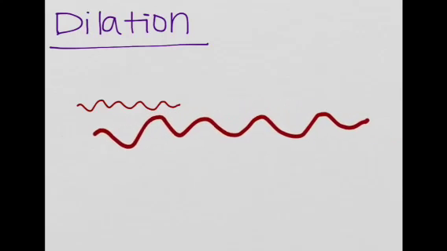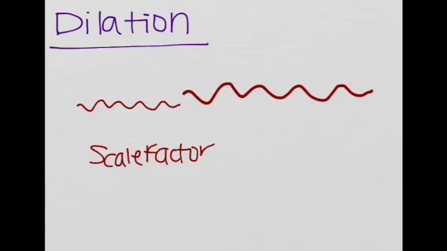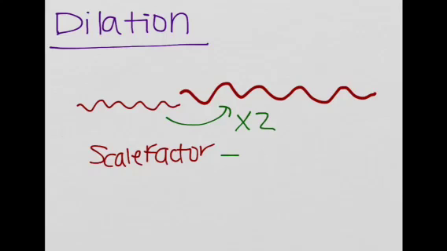It's also dilated. Sometimes you will get the word scale factor. This is basically when you make it twice the size. So for example, if this is twice the size of the original, then I would say this is times 2, or it has a scale factor equal to 2.